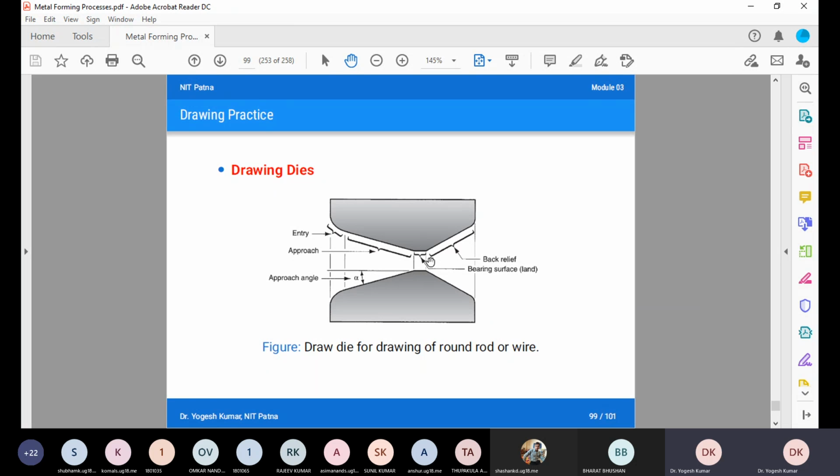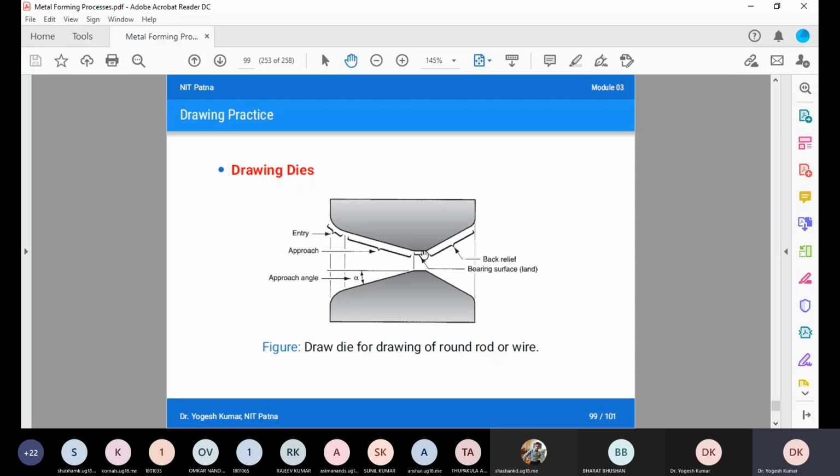This is how your bearing surface determines the dimensions of your final product. Then we have the back relief angle. This is your back relief region, and this angle is generally kept as 30 degrees. These are the important terms related to drawing dies, which are important from the point of study.